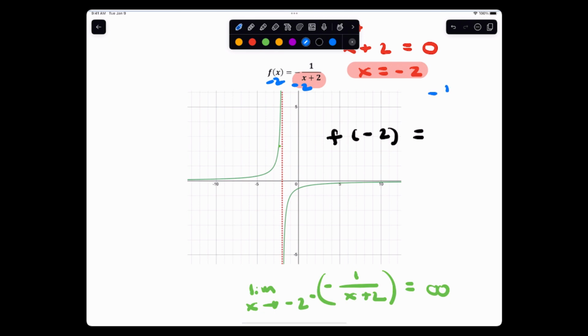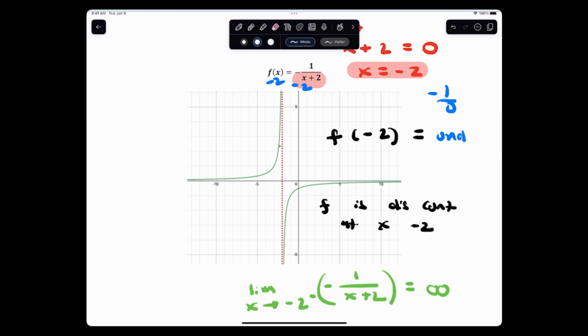Yeah, you get -1 over 0, which is undefined. And again, we can conclude that f is discontinuous, not continuous, at x equals -2, simply because it does not satisfy the definition, where the limit equals the value of the what? Of the function.